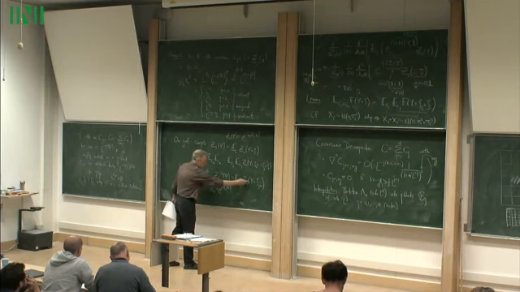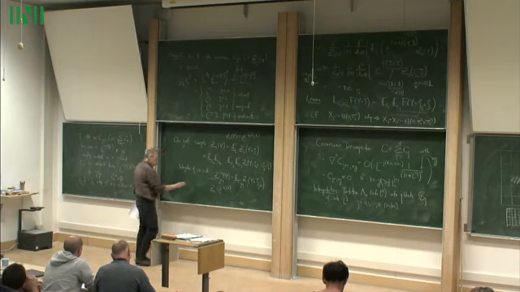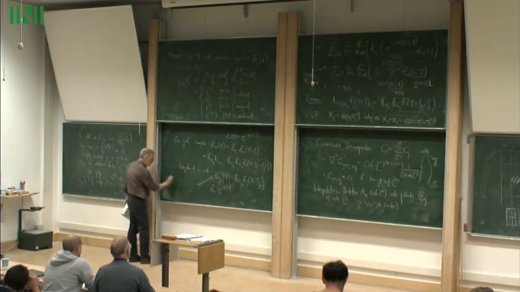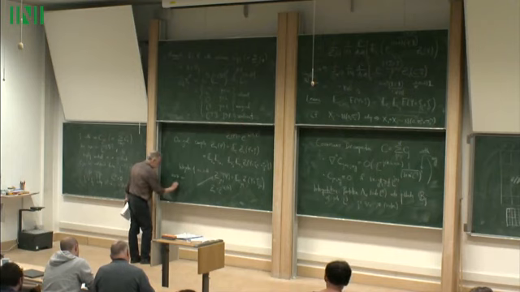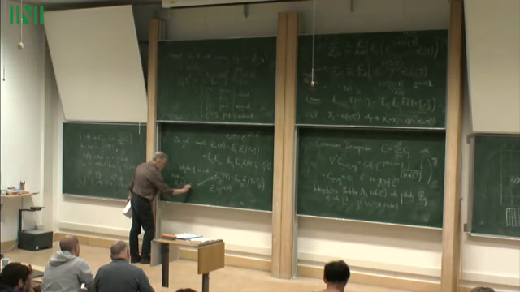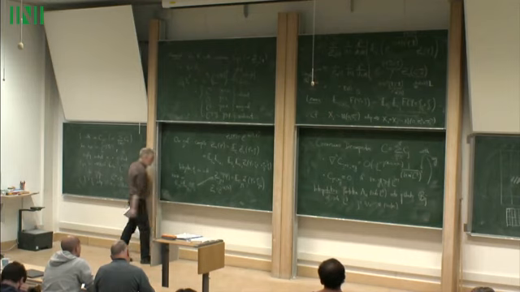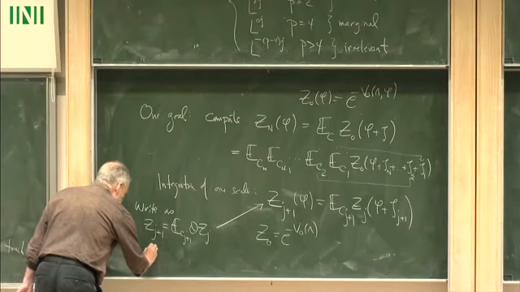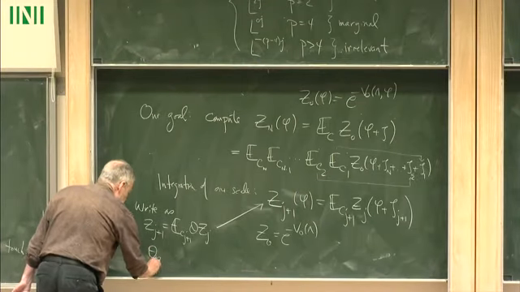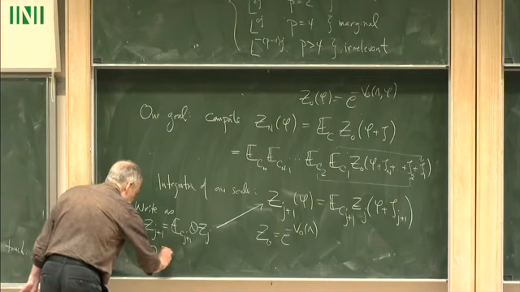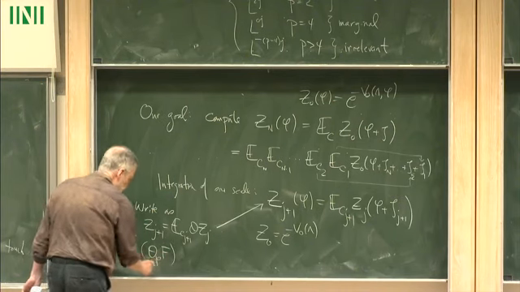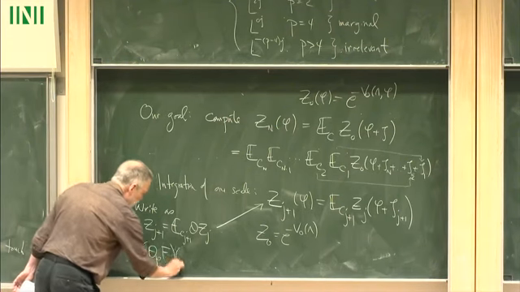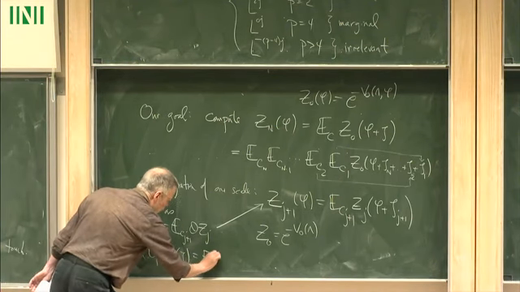I don't want to keep on writing these phi's all of the time. So notation that I'll use for this is Z_{j+1} equals E_{C_{j+1}} theta Z_j, where this theta is a map, and theta takes a function of the field f of phi to f of phi plus zeta.